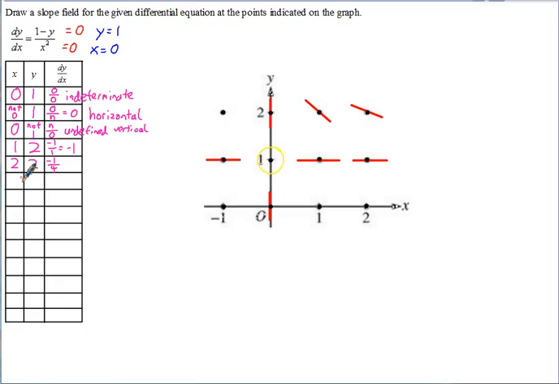So if we plug in (1, 0), y is 0, you get 1 in the numerator, x is 1, so you do get 1. So it is kind of a symmetry, a slope of 1, up 1 over 1, except it's across this line.